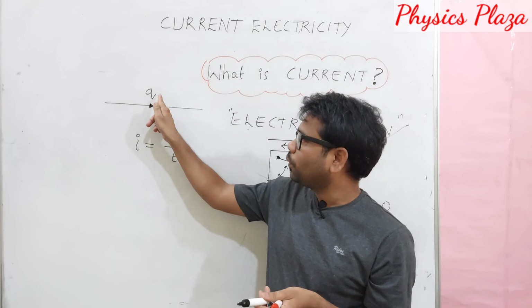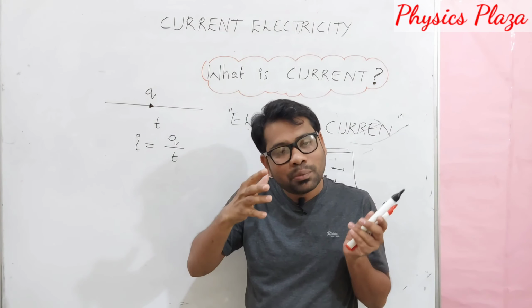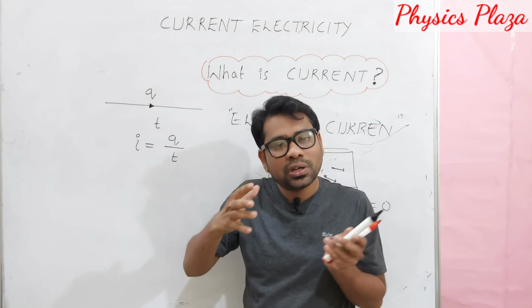Here, we calculated current for only one charge, but I want to calculate the total amount of current passing through the conductor. Then we have to calculate the total charge. Then how to calculate the total charge? It's very important. So the total charge is equal to the number of charges which are going.